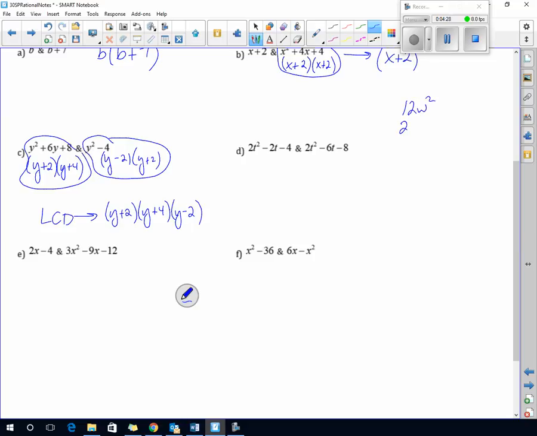You were supposed to do prime factorization. So it would be 2 times 3 times w times w. Remember doing this in grade 10? And then here you go 2 times 2 times 2 times 3 times w times y. Then you'd circle the common ones.